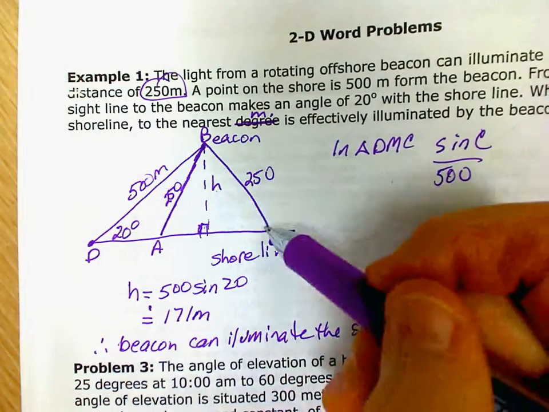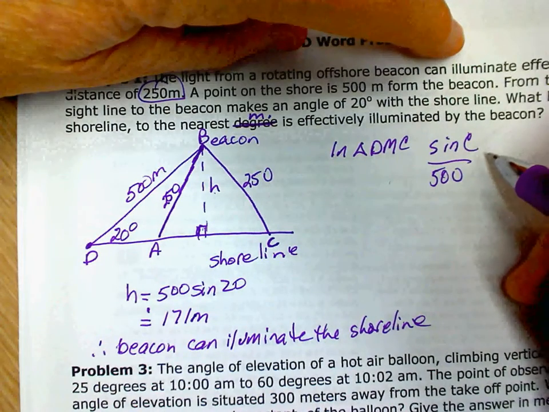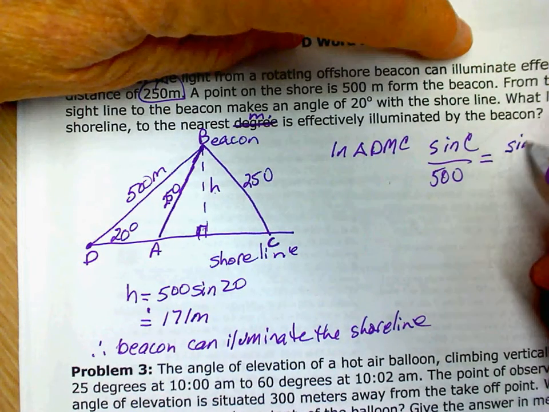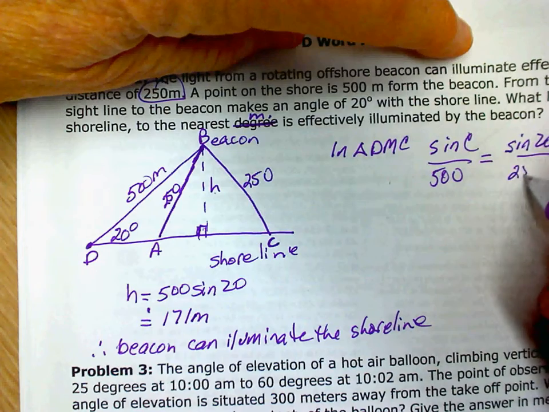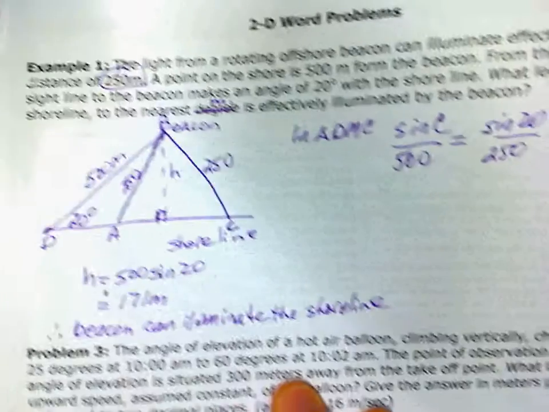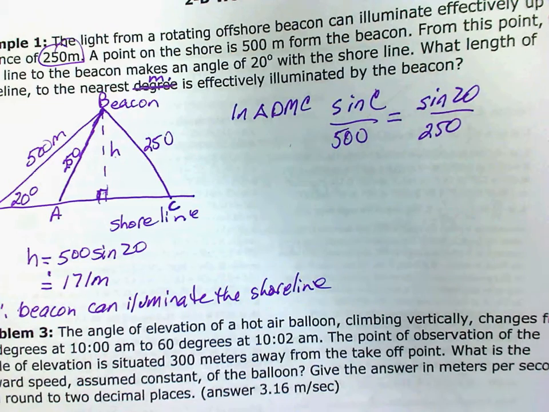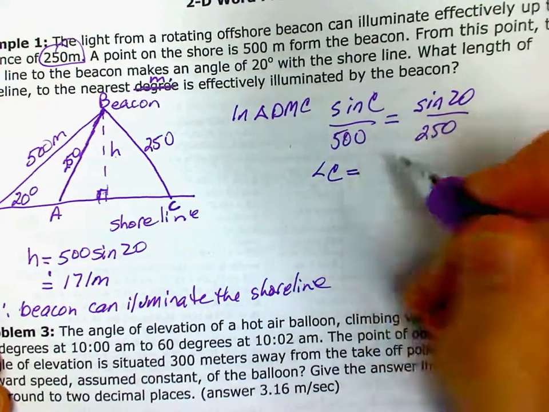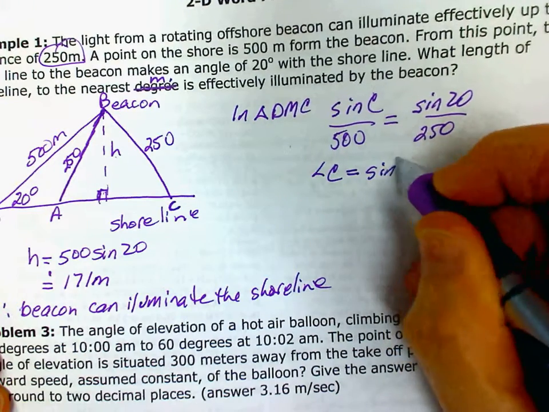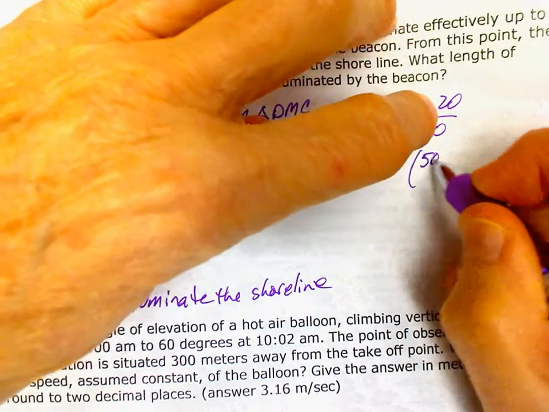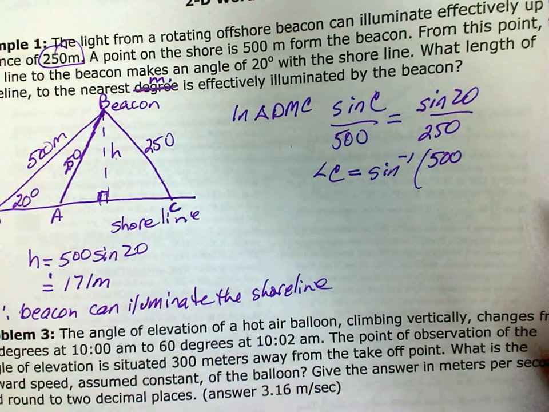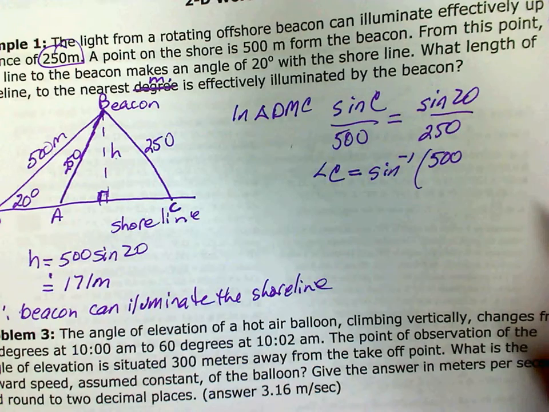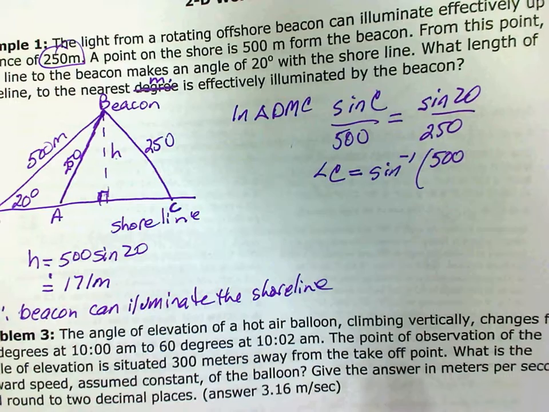Sine of C over 500 is equal to sine of 20 over 250. So angle C is equal to inverse sine of 500. Is something wrong? It should be DBC. Thank you for pointing that out.